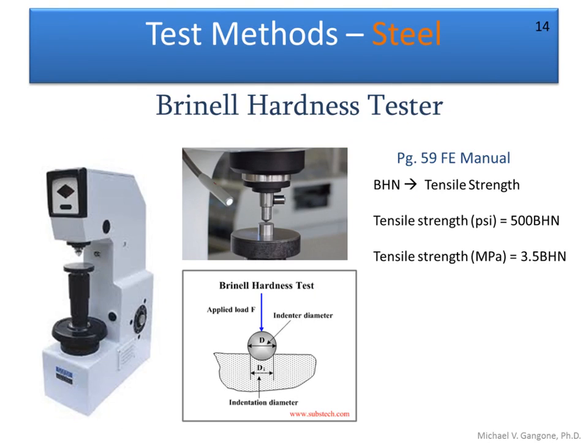Another type of test that we might see for metals is what's called the Brinell hardness test. I only bring this up because it is mentioned in the FE equation packet on page 59.